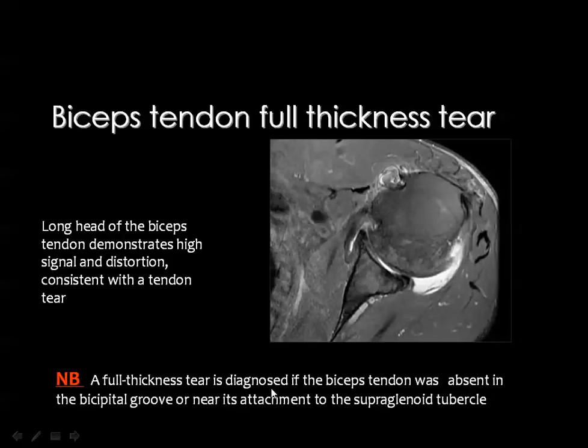And as I have mentioned, if you search in the notch and you cannot see the tendon, and you see instead an area of intermediate signal which represents hemorrhage and contusion, and sometimes fluid signal also, and you cannot see the tendon, then you assume that it is totally torn.